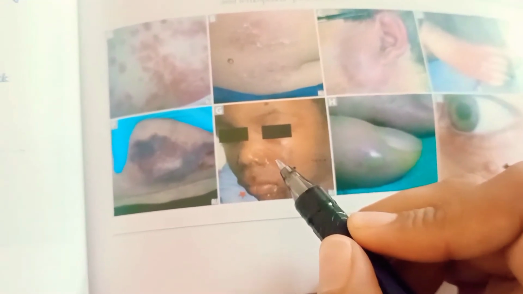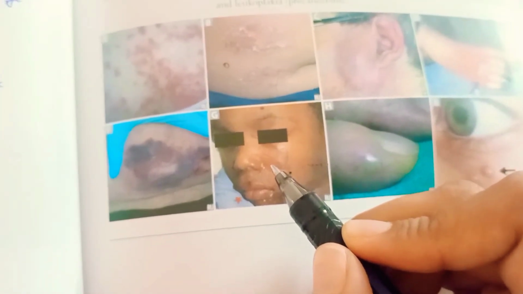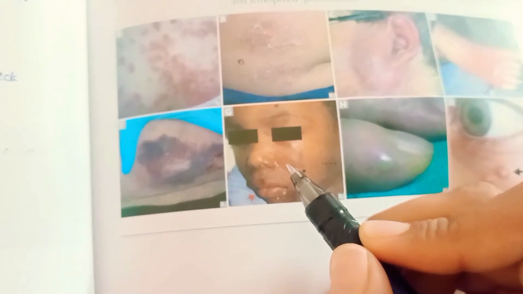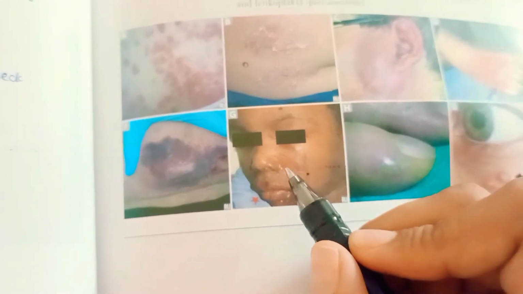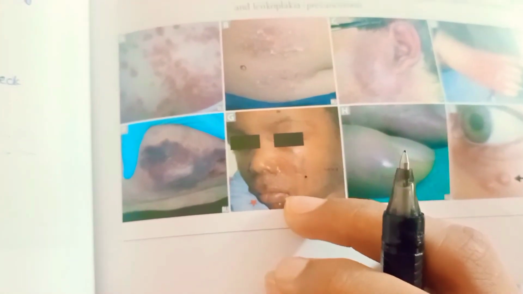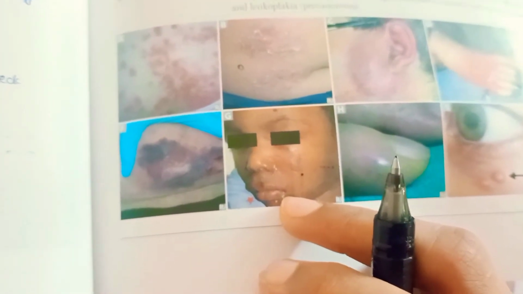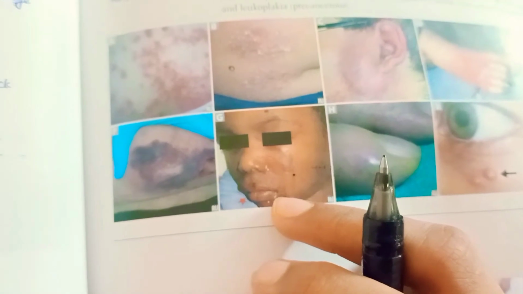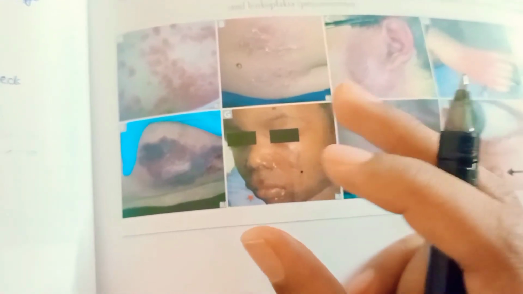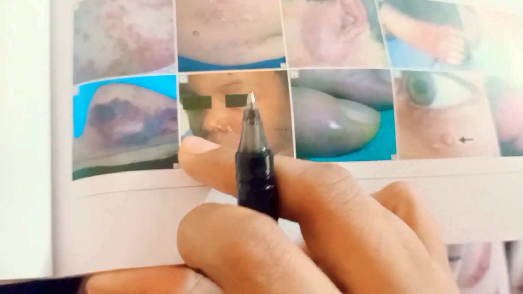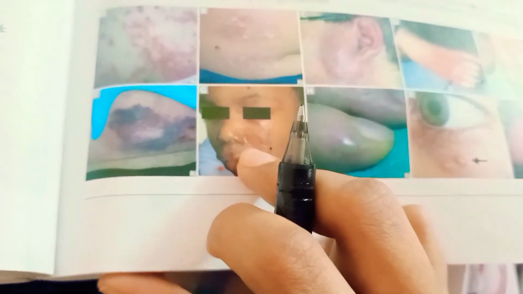That is because of Nikolsky sign positive, that is epidermis coming off upon manual stroking of skin. Commonly seen in newborn children and adults with renal insufficiency. Treatment is antibiotics because it is due to bacteria. Very important: it is because of stratum granulosum keratinocyte detachment by the exotoxin of bacteria, especially staphylococcus.